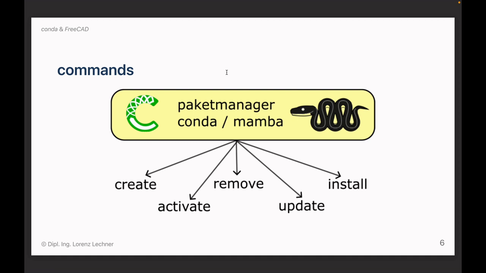You can also remove environments. So you can remove environments, and install packages after you have created an environment into this environment. You can update packages inside an environment, and you can activate or deactivate environments.